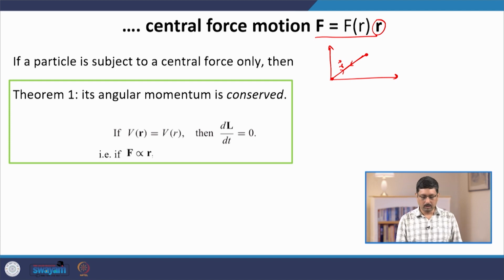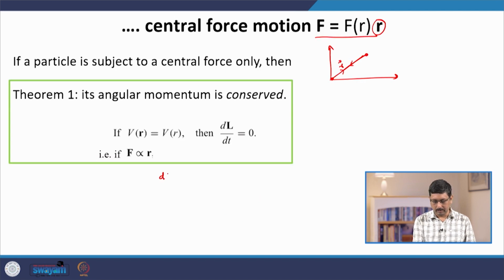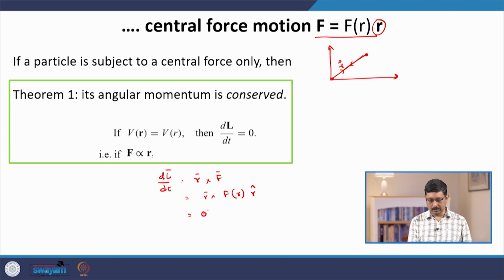Why? Because dL/dt is equal to r cross F. Now, if F is along the direction of the position vector, then this is 0. So, if F is proportional to r, then dL/dt is 0.